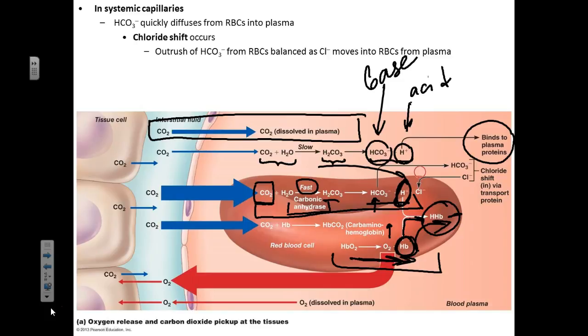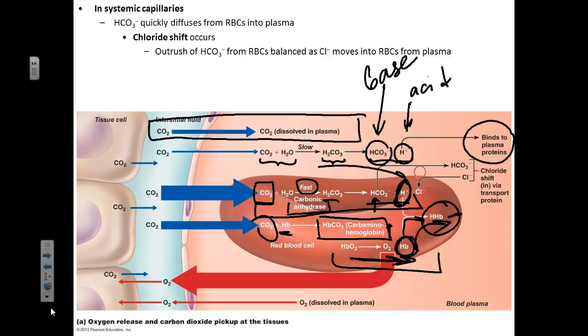That's what we call the Bohr effect. And last but not least, CO2 directly binds to hemoglobin and forms carbaminohemoglobin. Does that make sense? Okay.